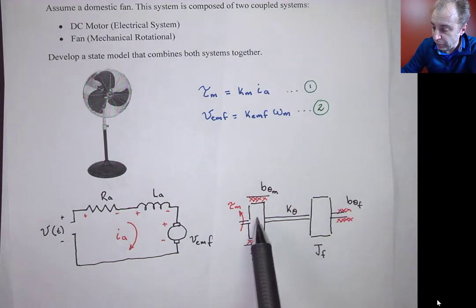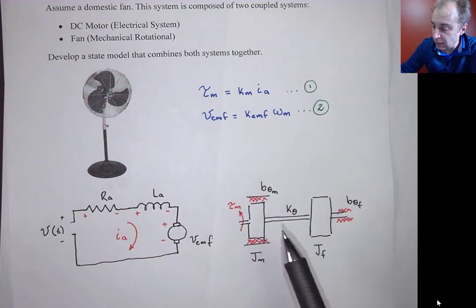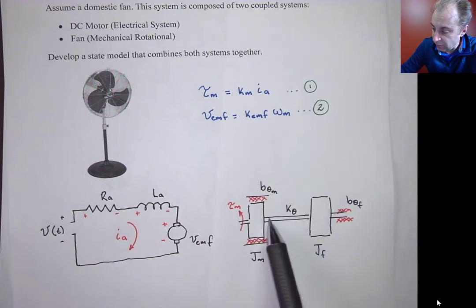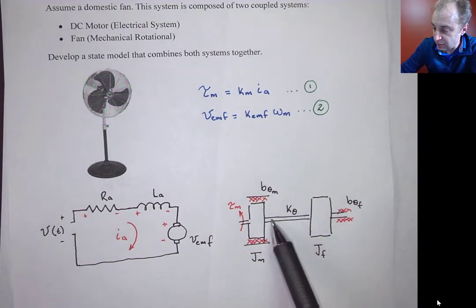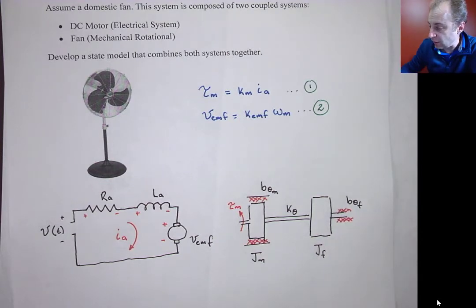Then we go with an inertia element, which is also an energy storage. And then there is friction, which is not, it's a dissipating. Then we have flexible shaft, which in this case would be number 3. And then we have another inertia element that would be number 4, and then friction.